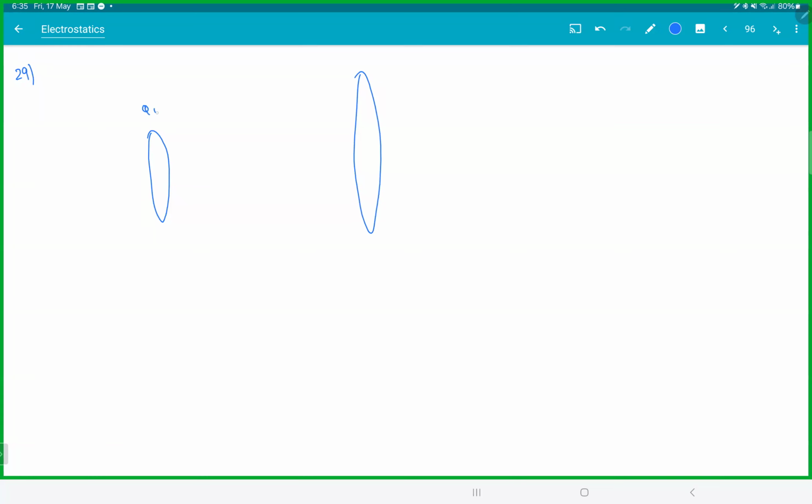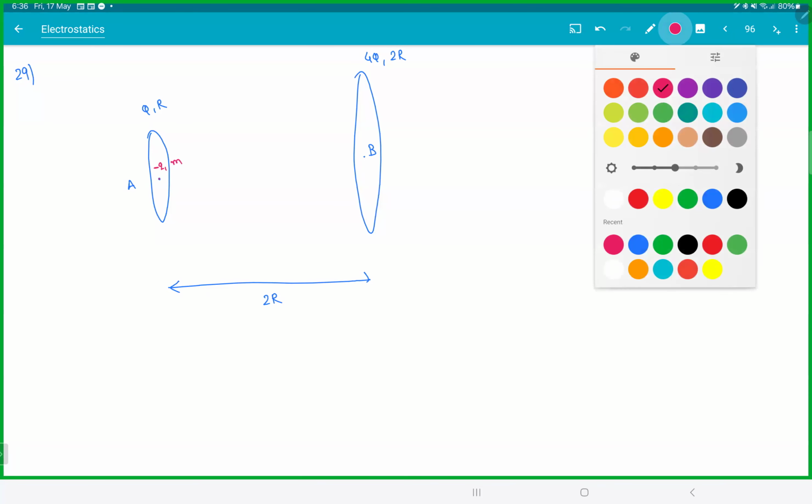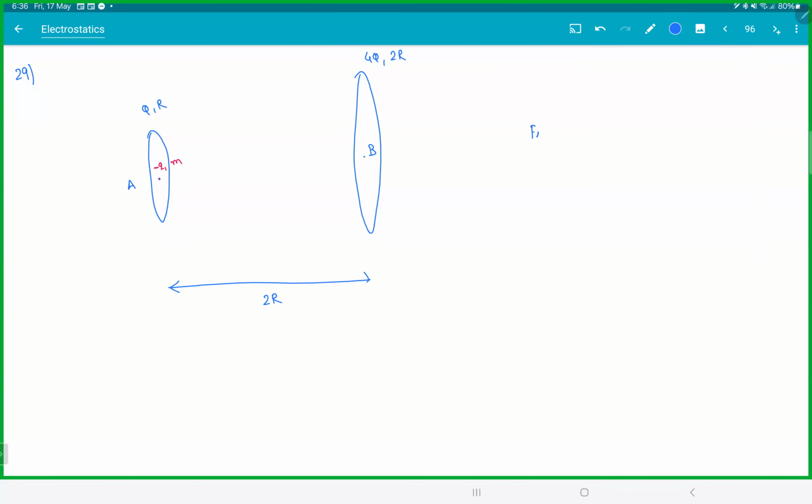We have a ring here, charge q, radius r, and another with 4q, 2r. Let's call this A and let's call this B. Let this distance be 2r. We have a charge minus q, mass m. Find the work done to take the charge minus q from A to B. Get it?